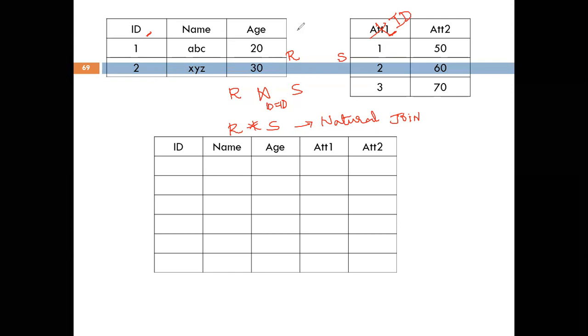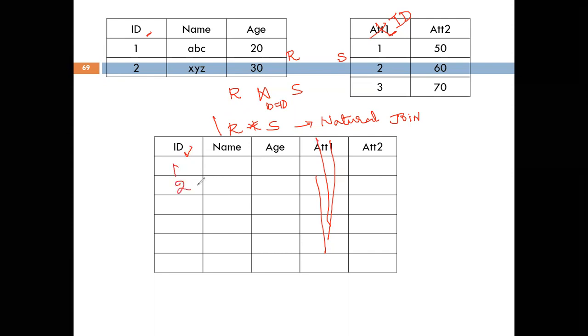If attribute names are the same in both the tables, then instead of specifying the attributes like the one we specified, we can directly use this star operator. Automatically, this attribute will not be repeated, so only 4 attributes will be possible, because the ID name is the same in both the tables and it is on ID only we are joining.